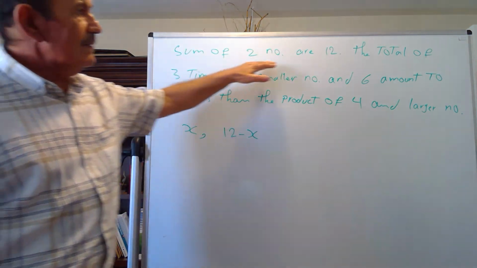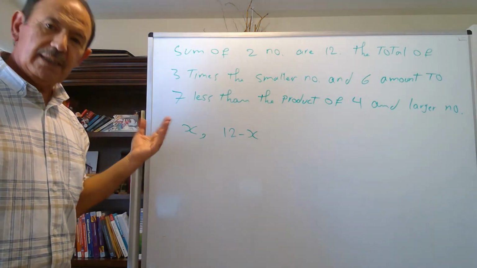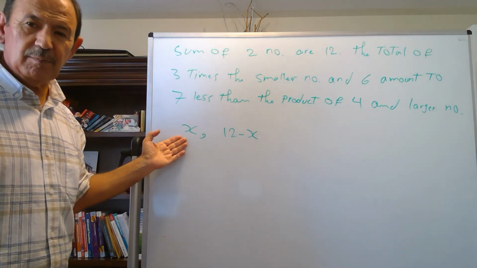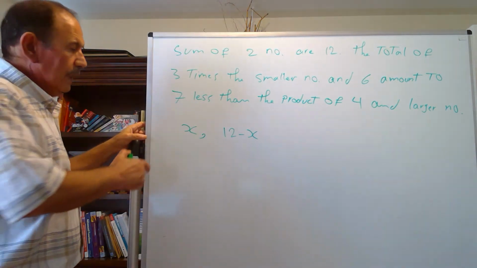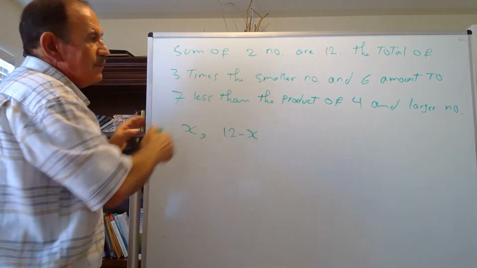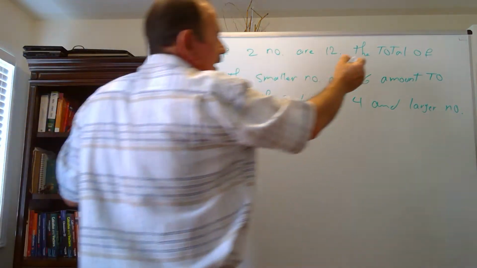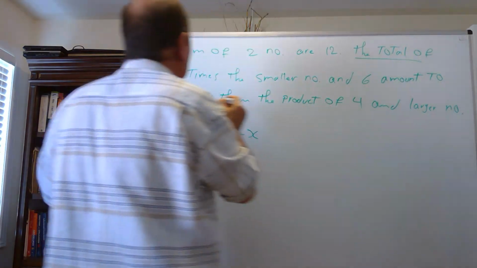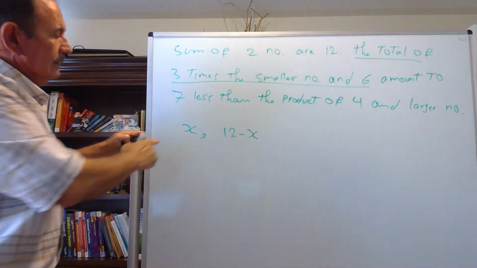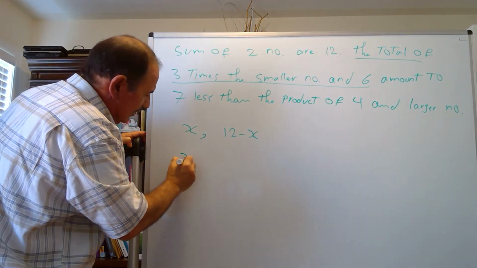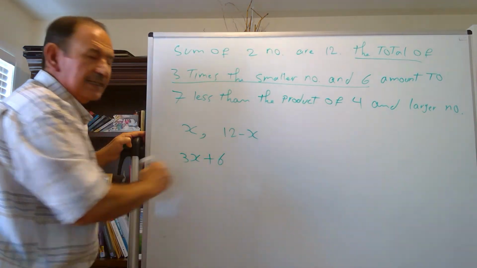Now, this is for the first one. The total of 3 times the smaller number. Let's assume x is the smaller number. Now I'm translating this part: the total of 3 times the smaller number and 6. 3 times the smaller number is 3x, and the total of 3x and 6 is 3x plus 6.